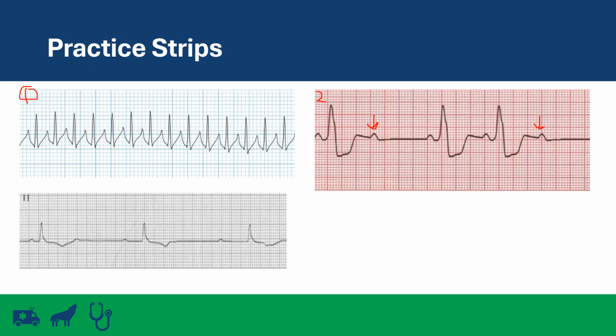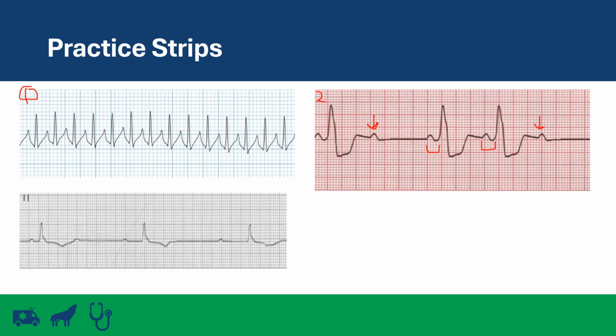Okay, so rate is slow, rhythm is irregular. I have P waves, but not all of them have QRS complexes. So I'm going to look at my PR interval. So I see here my PR interval in these two are regular. So I have a set PR interval, and then I eventually lose a P wave. So that makes me suspect a second degree type 2 heart block.